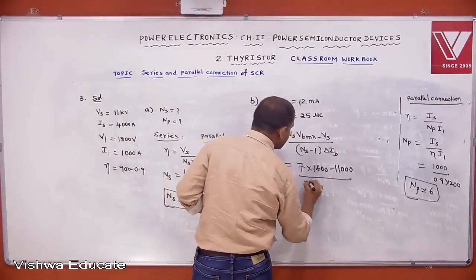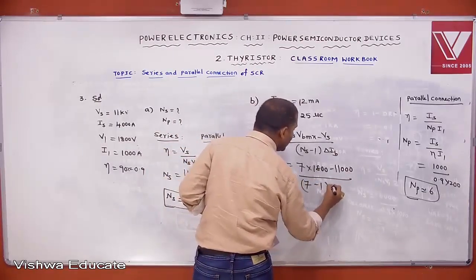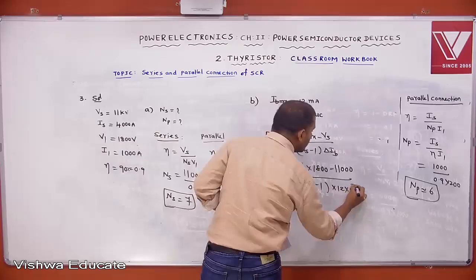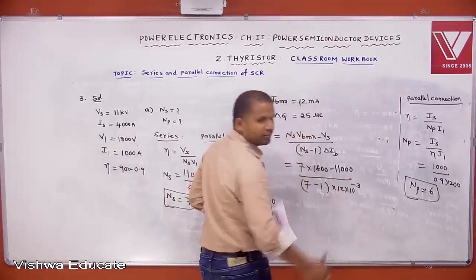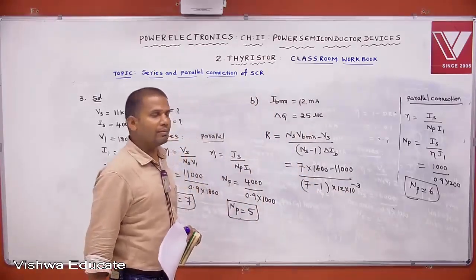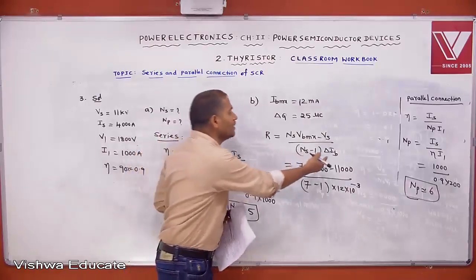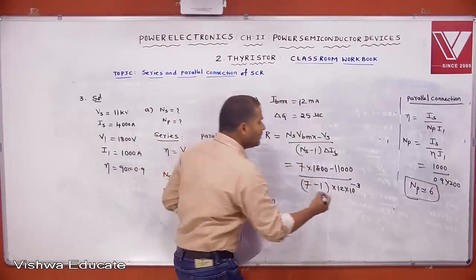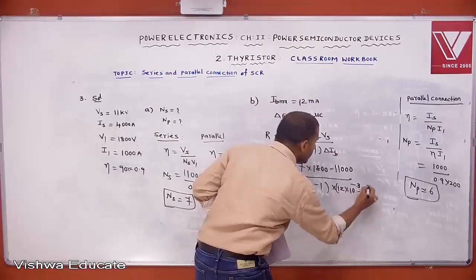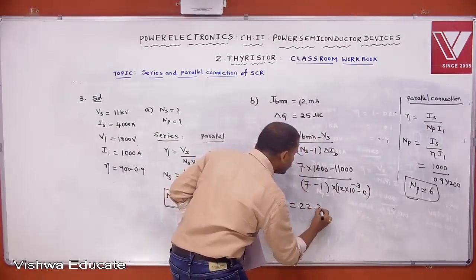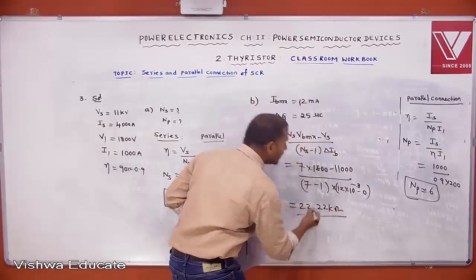That is 7 minus 1 into delta IB. Delta IB is IB maximum minus IB minimum. IB minimum is not given, so take only IB maximum, 12 milliamperes; IB minimum is 0. By simplifying, we get 22.22 kilo ohms.